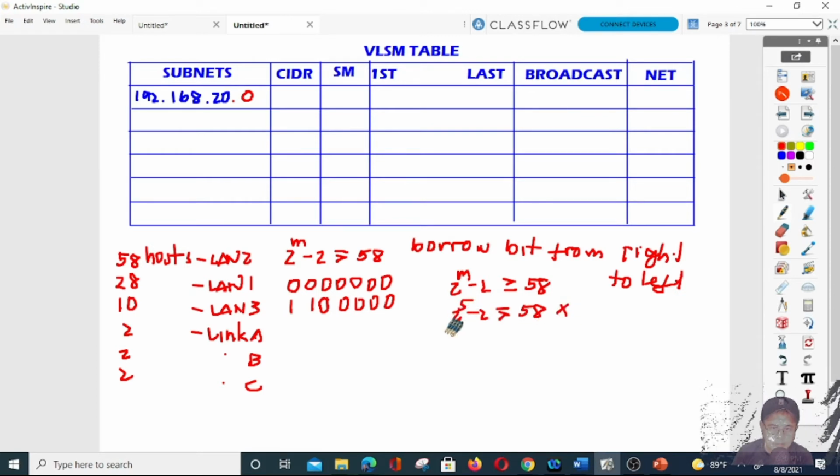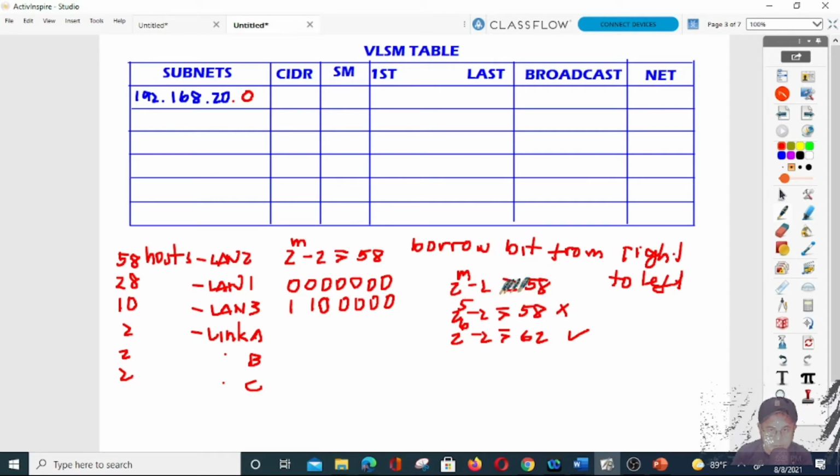Not enough. What about 6? 2 raised to 6 is 64 minus 2 is 62. So having 6 zeros will satisfy the equation.